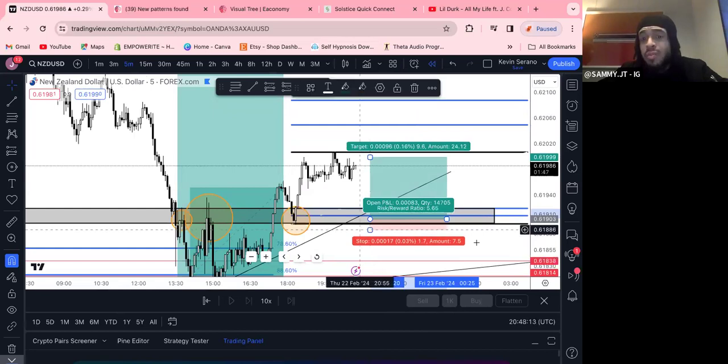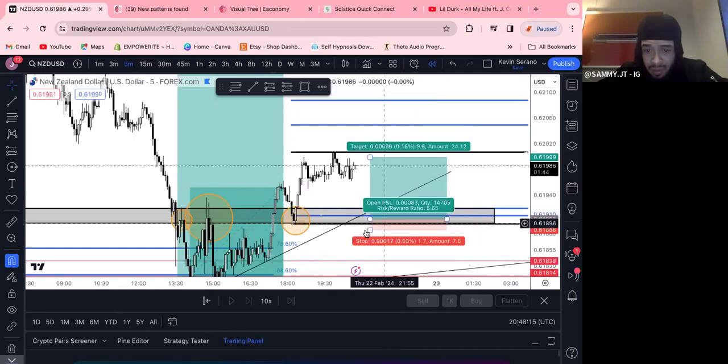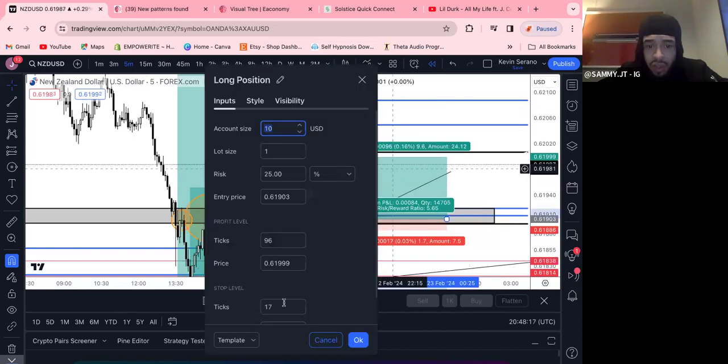Perfect. It's a 1 pip stop loss. That's ridiculous. So I'll round that up because the spread you're just going to get done dirty. All right, so let's just do a 2 pip stop loss.